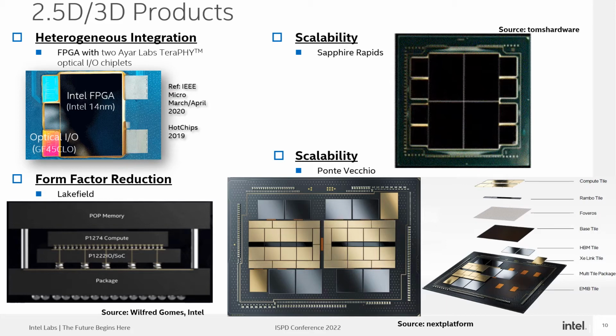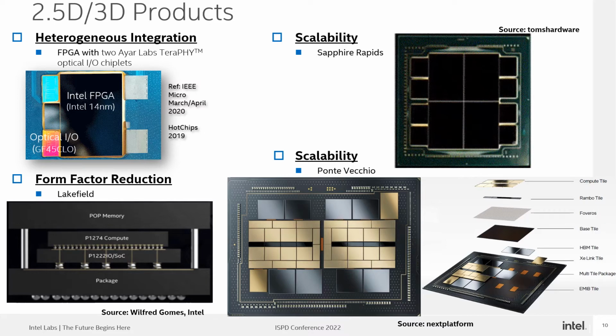Lakefield was another processor that was done for mobile applications in Foveros technology, which had a 1274 or 10 nanometer compute on top of a base die, and then there was a package on package memory for an extreme form factor reduction. We will go through details of these two products that are already out, and then two new recent products that were presented at ISSCC 2022 very recently in February.